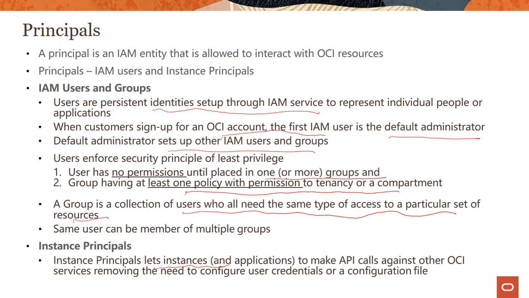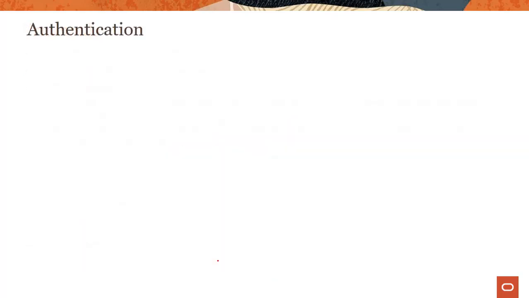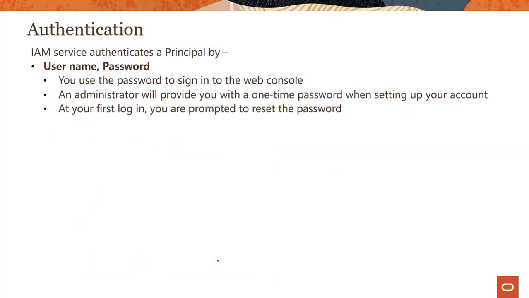So you make the instance a principal, and so it can make API calls without really needing the user credentials or a configuration file. Otherwise you run into issues like rotating your credentials, and it's not a very secure mechanism. And we'll talk a little bit more about instance principals in our identity access management level 200 modules.